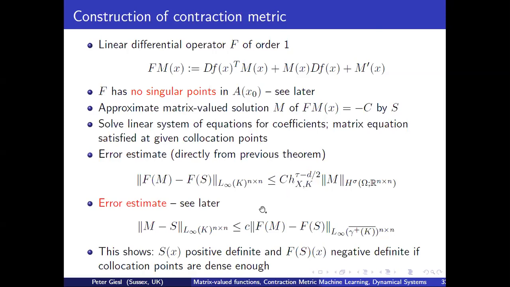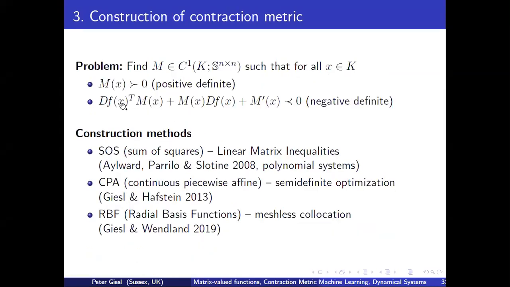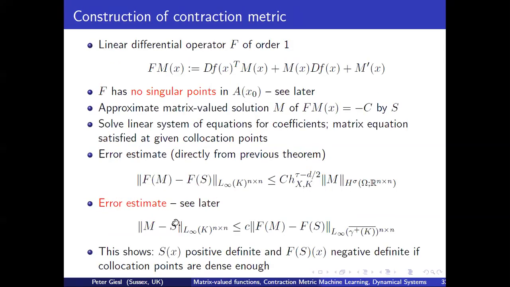Now, basically that will tell us that if f of m is negative definite, then f of s is negative definite, if this is small enough. But we also need that m, or our approximation s actually, is positive definite. To do that, we have another estimate that, again, we will see later.